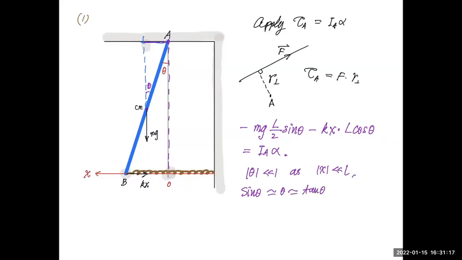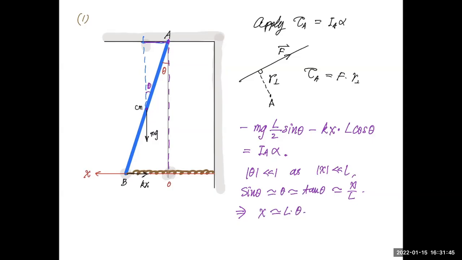They're almost the same, and therefore I can relate x and theta, because sine theta is x over L. And sine theta is roughly equal to theta, so therefore I have x roughly equal to L times theta. That's how we relate x with theta.